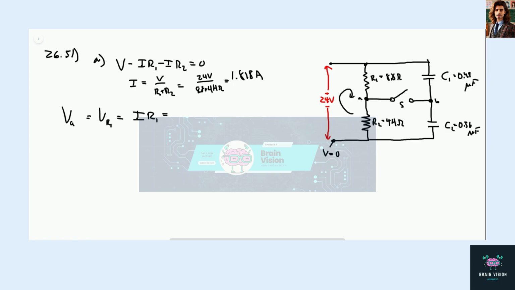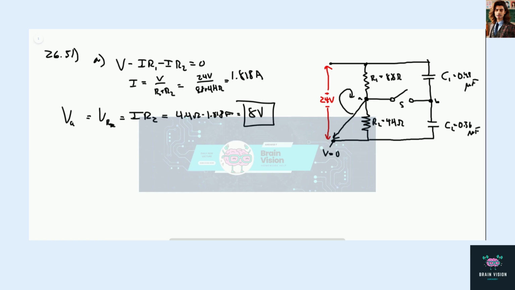Sorry, I said R1 here, but this is totally R2, right? We're looking for the voltage across R2 because VA to there is 0. So this is I times R2, or 4.4 ohms times 1.818 amps, and that comes out to 8 volts.